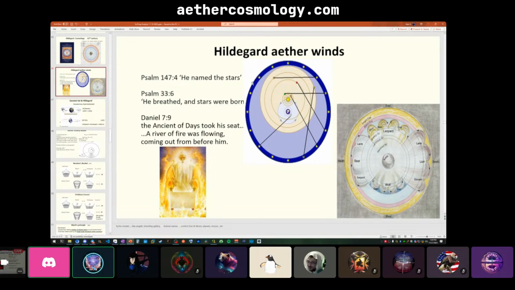But here's another one. You were told that the planetary orbits are ellipses, right? Kepler's law? Yep. Hildegard says, no, all of the planetary orbits are circles, which is actually the same as the ancient Greeks thought. Aristotle thought all of it in the heavens were circles.